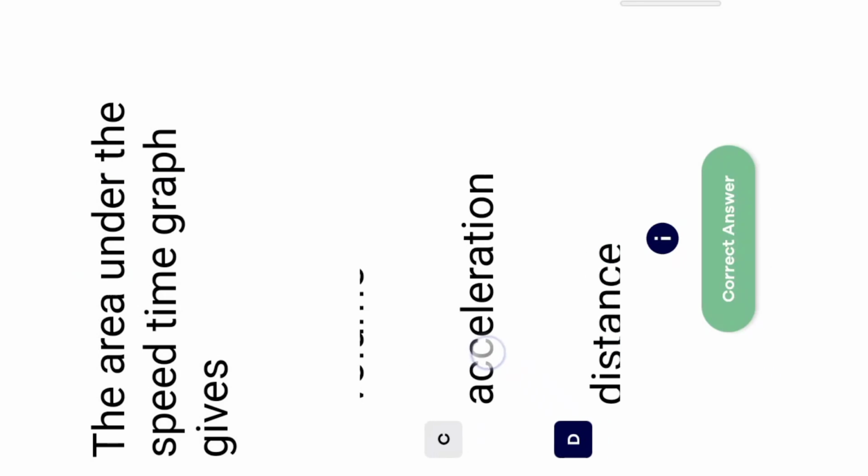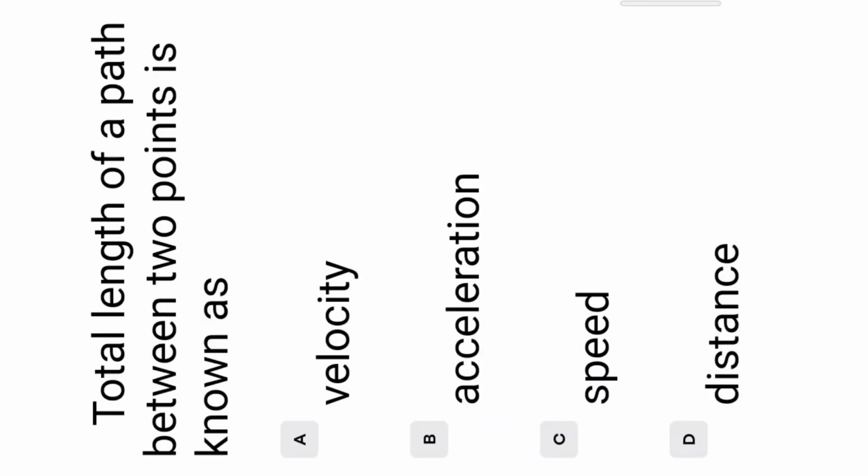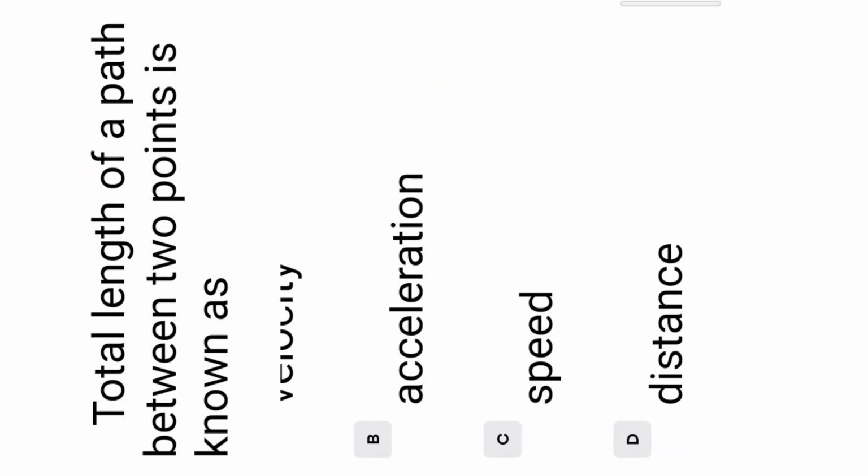D distance is the correct answer. So we take option D. Total length of a path between 2 points is known as A velocity, B acceleration, C speed, D distance. D distance is the correct answer. So we take D.